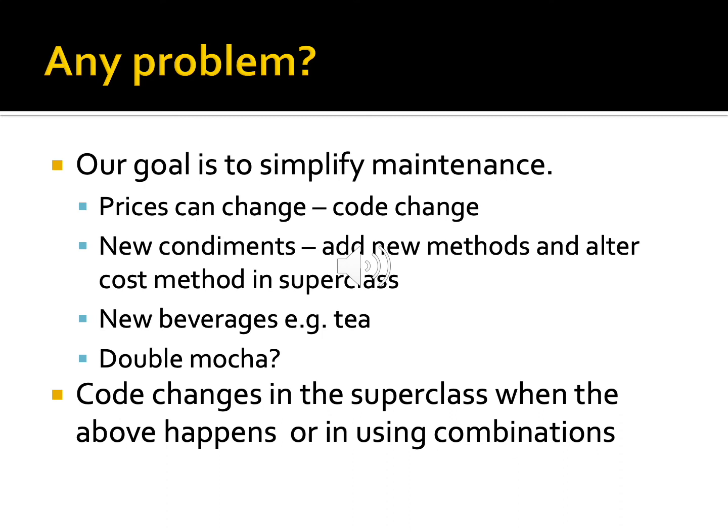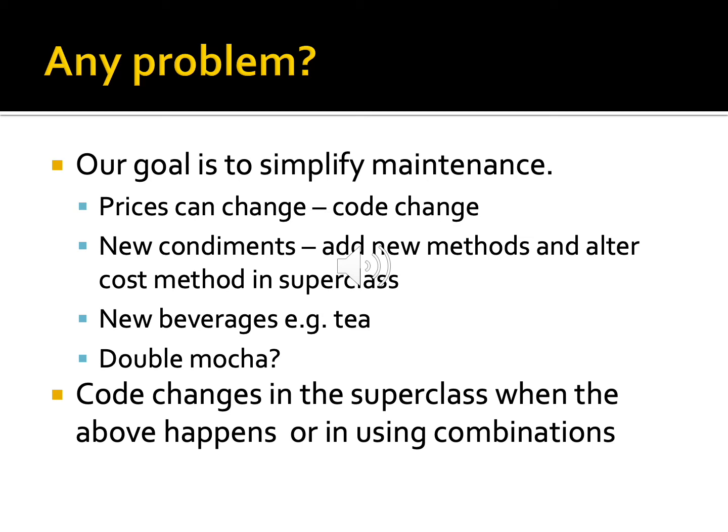Our goal is to simplify maintenance. When the requirements change or there is a new feature, for example the prices change, you have to change the beverage class, the same class. When new condiments are added, you have to add new methods and flag variables, and update the cost method inside the super or base class.